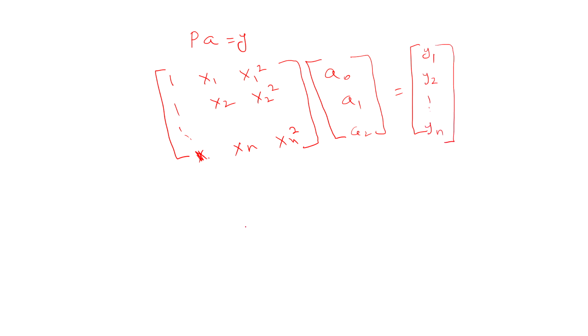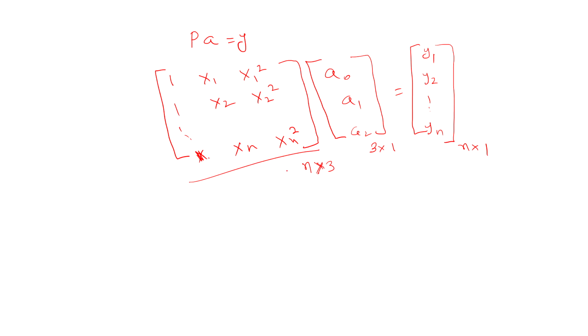Now remember, this is not a square matrix. This is having n rows and 3 columns only. So this is an n cross 3 matrix, this is a 3 cross 1 matrix, and this is an n cross 1 matrix. Now we cannot directly invert this matrix system.